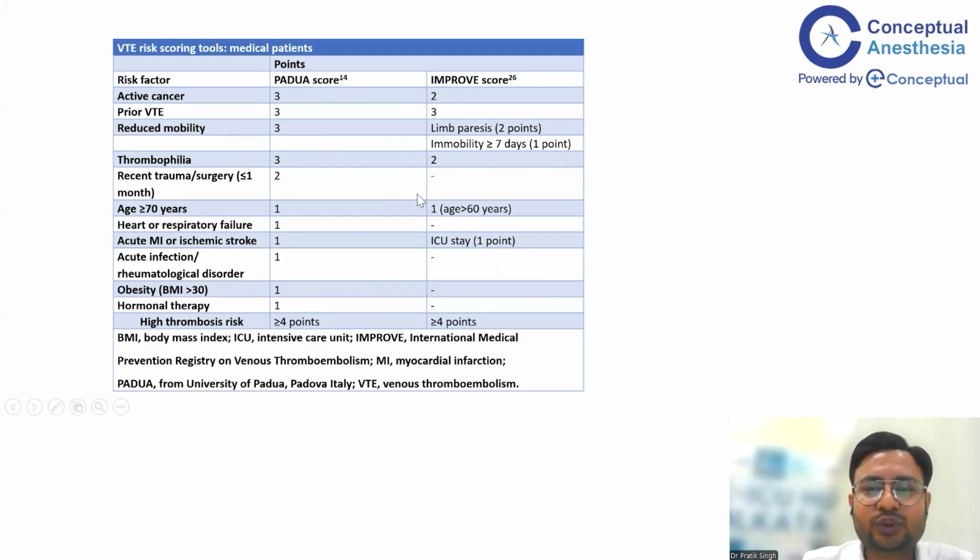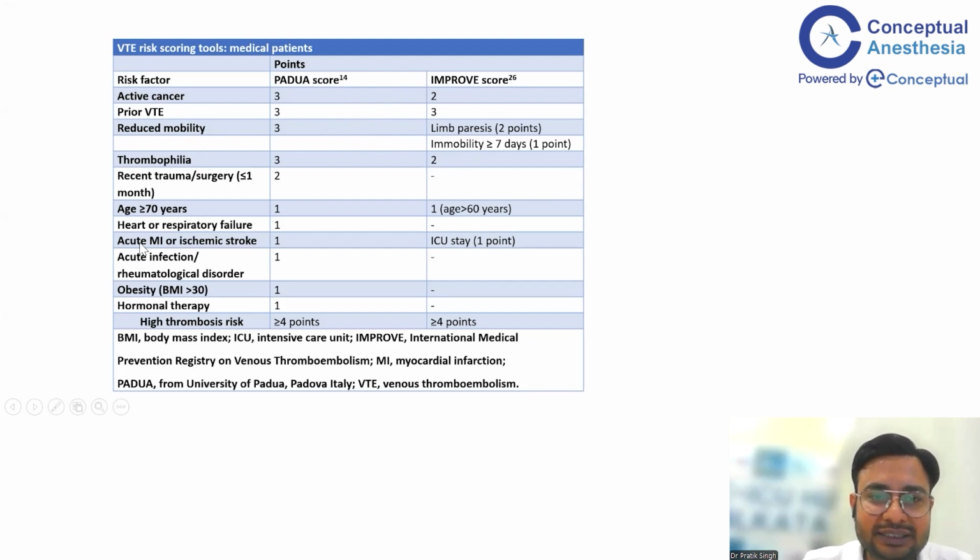So where to use these drugs? Anticoagulants are most popularly used when the patient has venous thromboembolism. This is a table taken from the American Heart Association, and as per the ACC guidelines, they have given two scores, the PADUA score and the IMPROVE score.